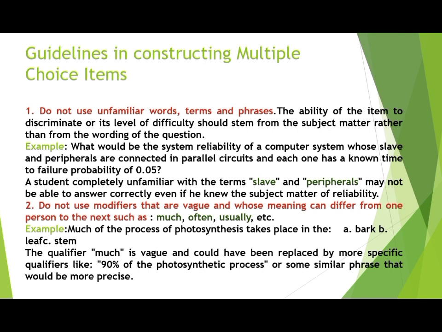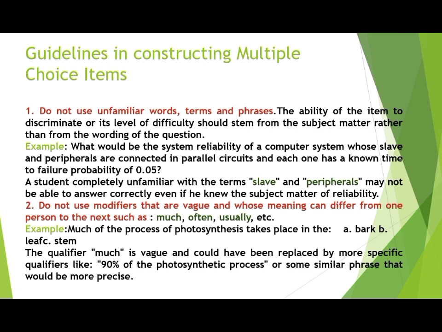So, number 2, do not use modifiers that are vague and whose meaning can differ from one person to the next, such as much, often, usually, and etc. Example, much of the process of photosynthesis takes place in the bark, in the leaf, or in the stem.